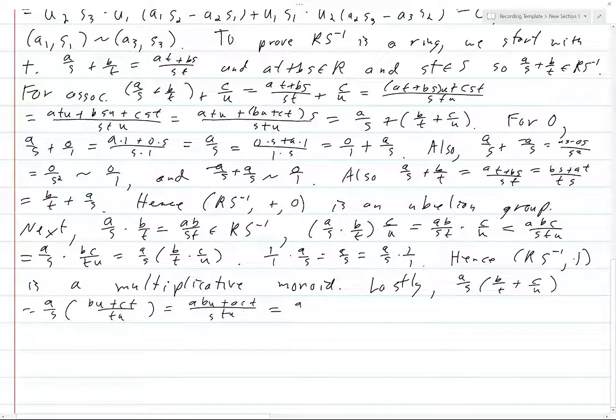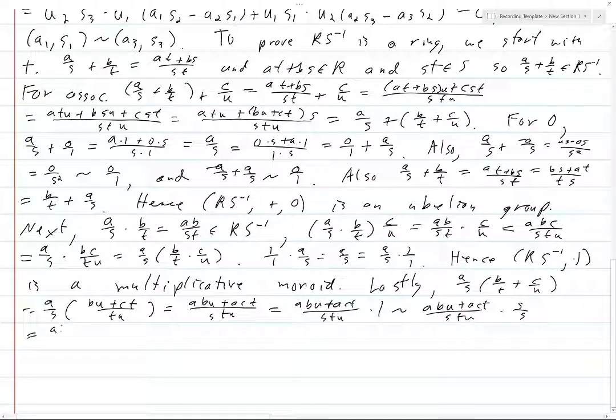Now here we actually use a neat trick. By neat, I mean it's not really neat, it's just boring. You multiply it by 1, but 1 we know is equivalent to S over S, because you just check the equivalence relation thing, and it works.